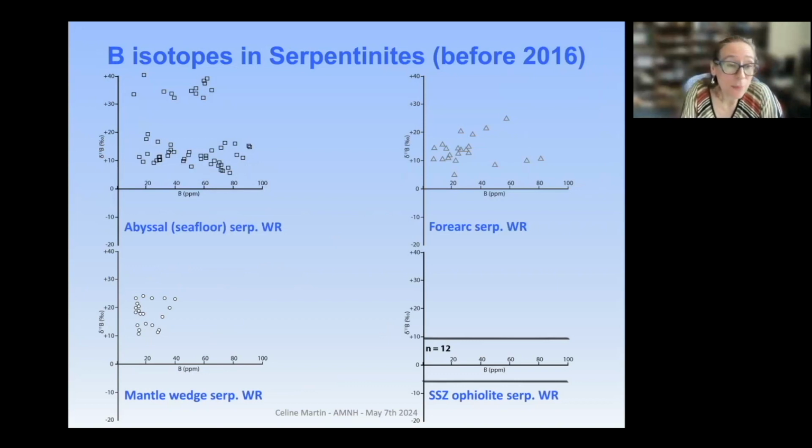In the past, before we developed the in situ method to look at all these serpentinites, the abyssal serpentinites were pretty well documented because of all the IODP drilling and dredging of the seafloor, so we could have a decent amount of analyses on them.